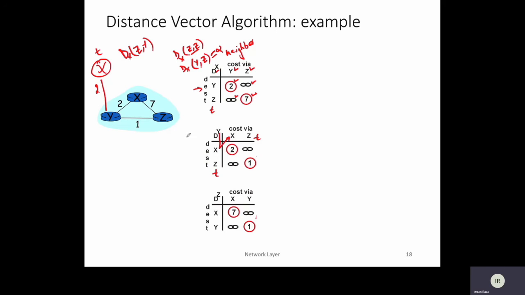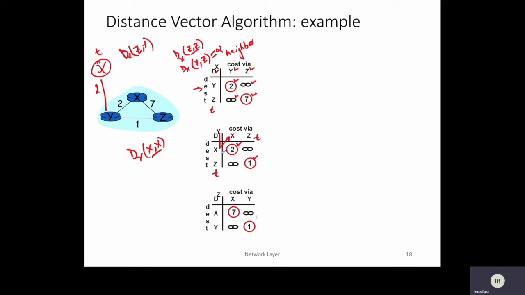This is the distance to reach from Y to X via X, X being the direct neighbor. So the cost is 2, and we know this because it's an adjacent node. Similarly, the cost to reach from Y to Z via Z, Z being the direct neighbor, is 1.